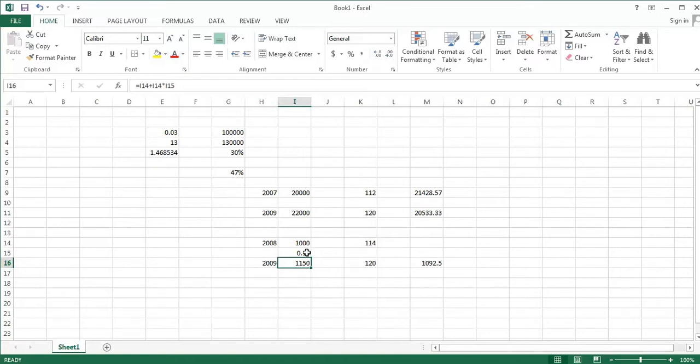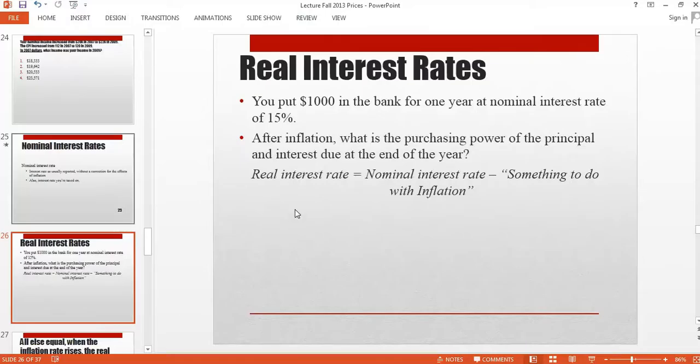So some of that 15% was really just covering inflation. So instead of earning 15%, we actually earned more like 9.25%. And that's the general idea of the real interest rate. The real interest rate attempts to take the nominal interest rate and subtract off something to correct for the effects of the inflation.